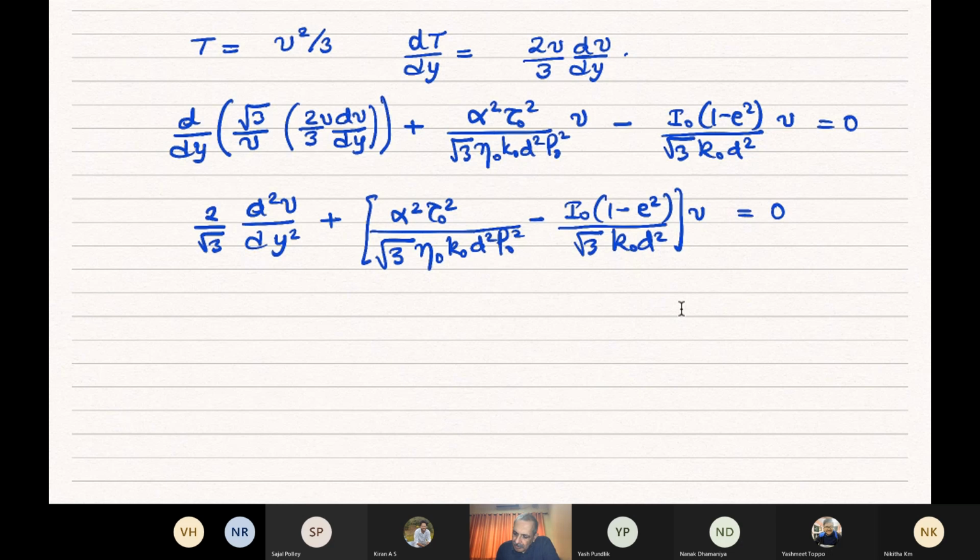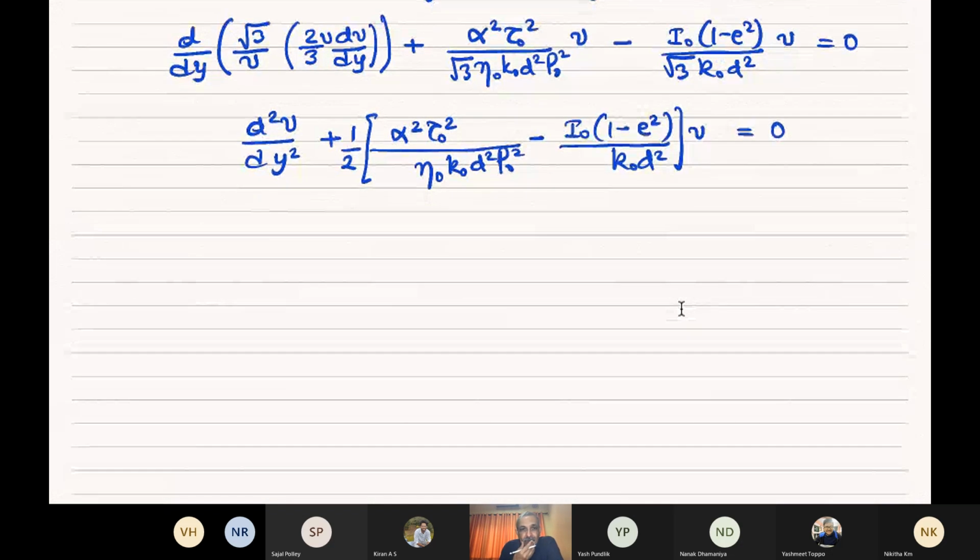So now if we get rid of this factor, then you can see that root 3 disappears, and then this is just multiplied by half.